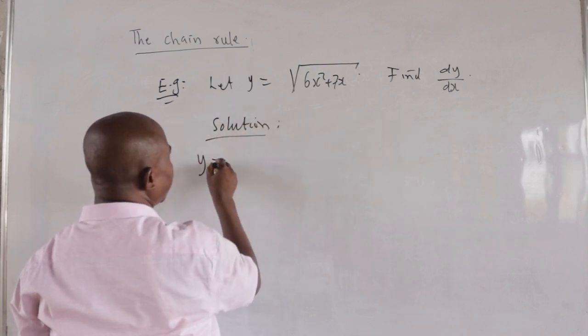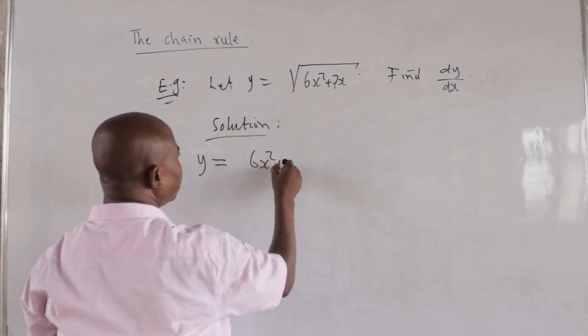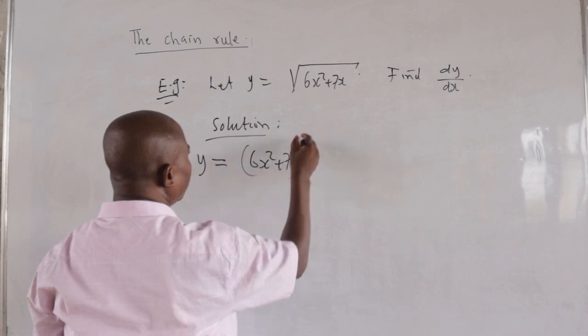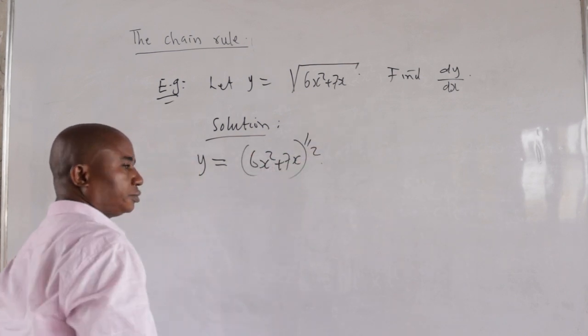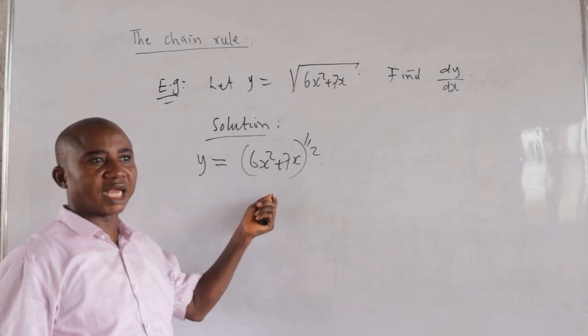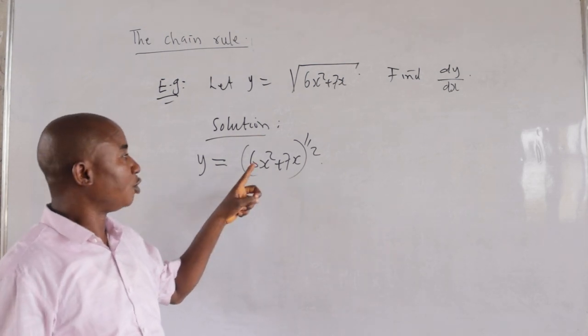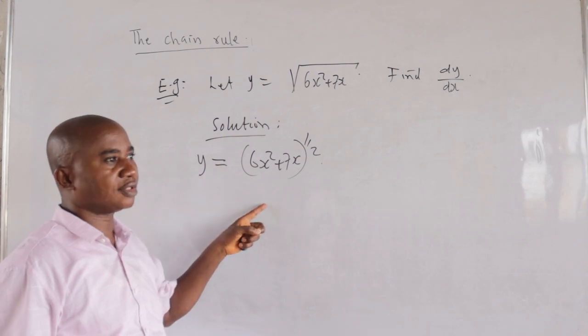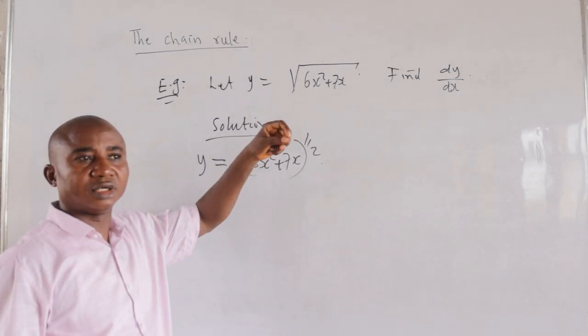We can rewrite y as 6x squared plus 7x all raised to the power 1 over 2. And so it begins to look like the introduction I had at the beginning of the video, where I wrote y as u raised to the power n, and so on.